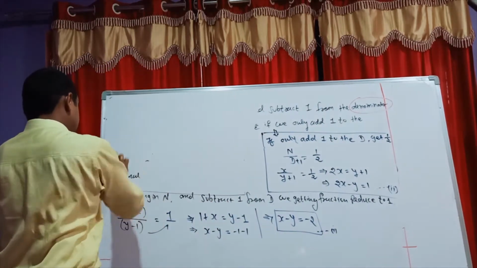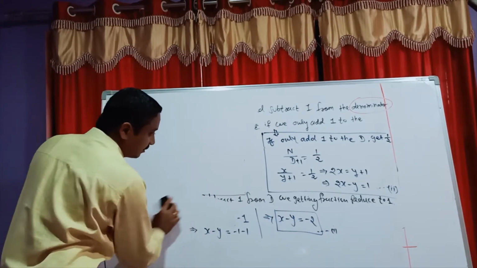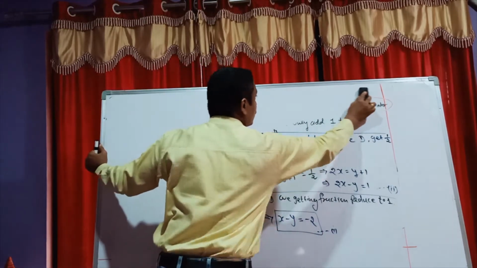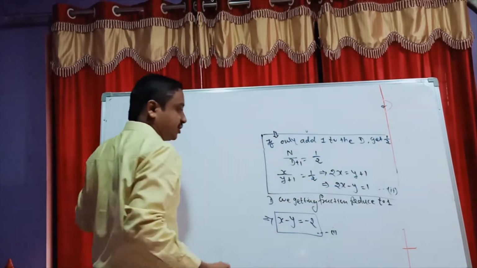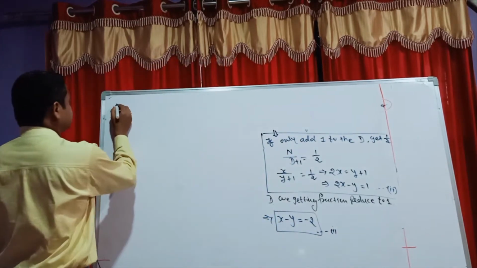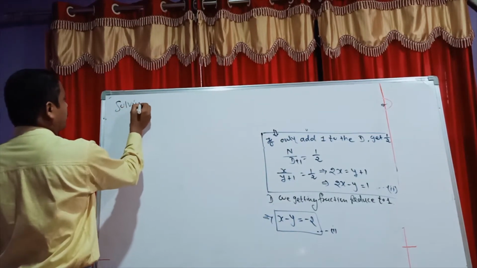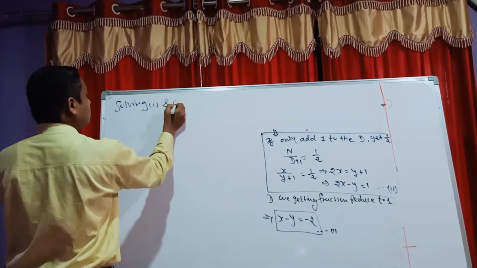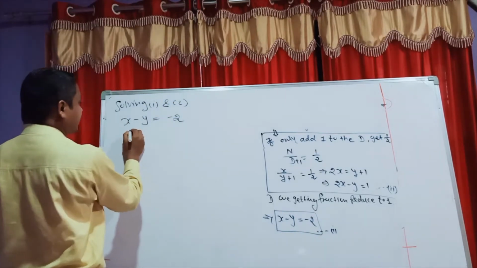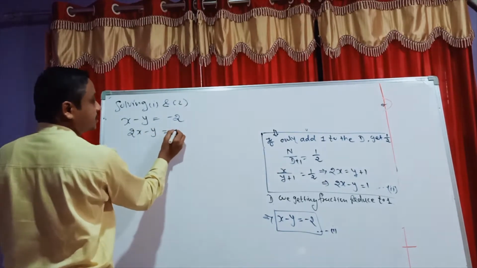Now students, after that 1 and 2, we apply our elimination method. Method-wise, you can easily derive the values of x and y. So this equation number 1 and this equation number 2, solve by elimination. Solving 1 and 2. My first equation is x minus y equals minus 2, and second equation 2x minus y is equal to 1.